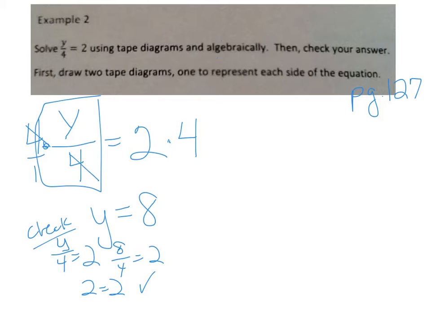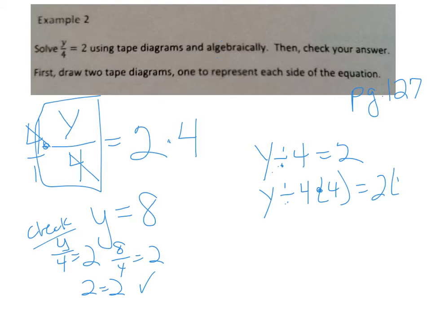If we were to take a look at this particular problem and do it horizontally, we would be writing y divided by 4 equals 2. So then we would use the inverse of division, which is multiplication. So we would say y divided by 4 times 4, and again, using the parentheses or the dot.